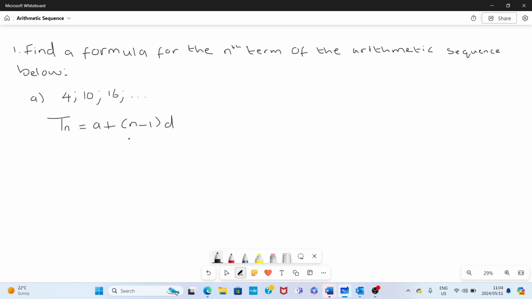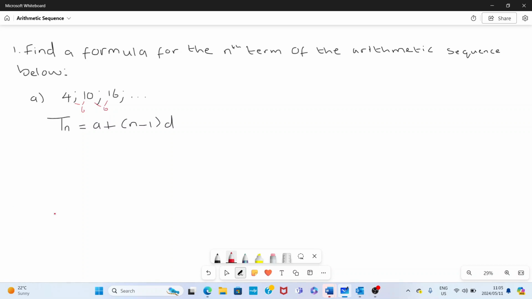But now we want to find the nth term formula for this given sequence. If you look at this sequence, you will notice that the common difference is actually 6. The difference between these two is 6, and the difference between these two terms as well is 6.